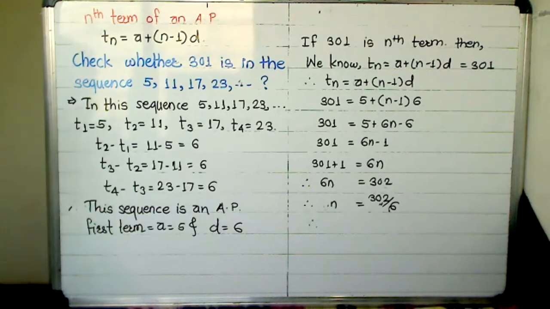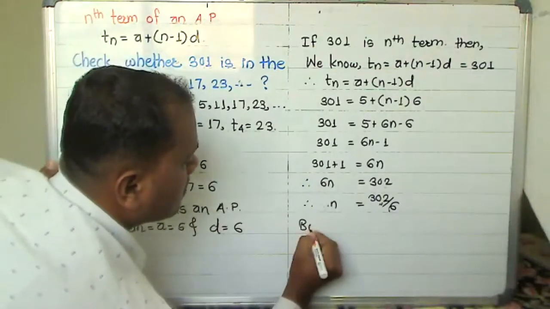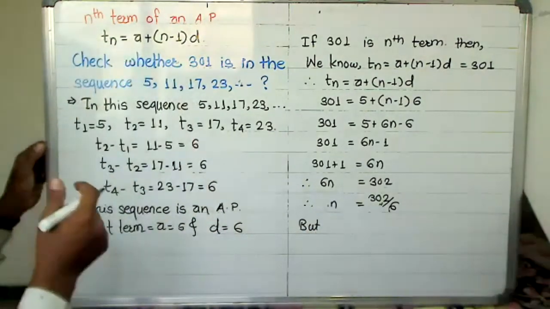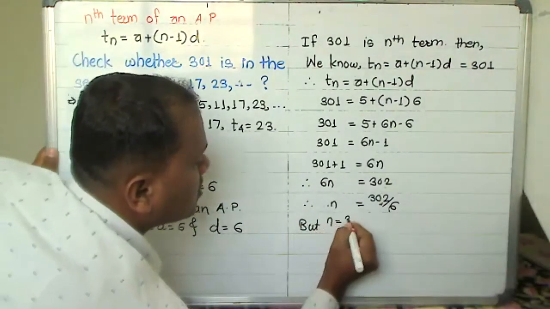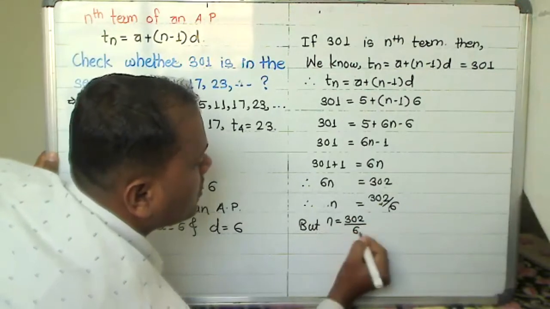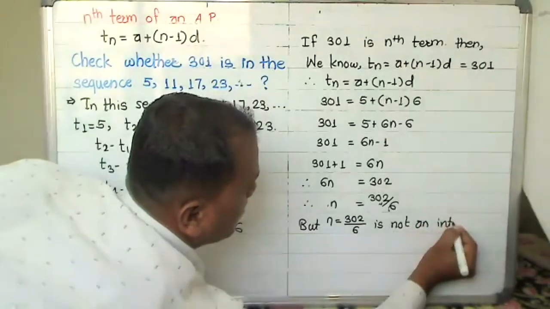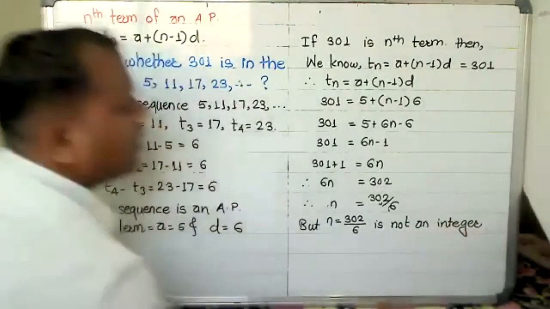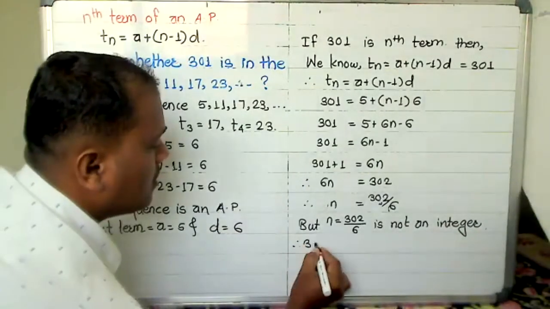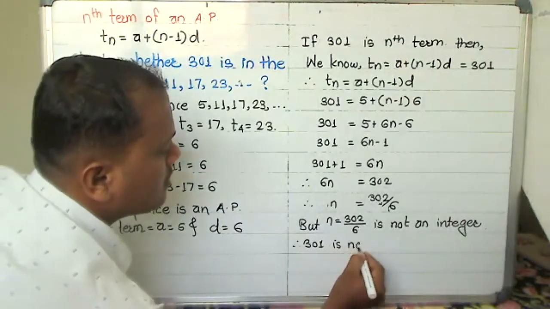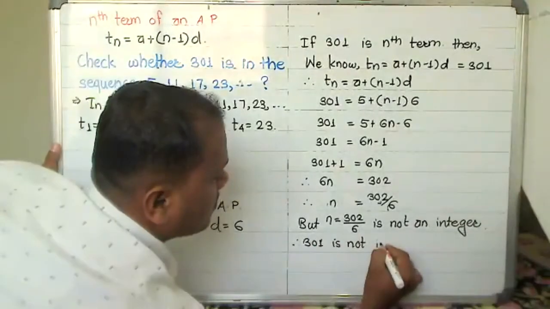So therefore n is equal to 302 divided by 6, which is not an integer. So therefore 301 is not in the given sequence.